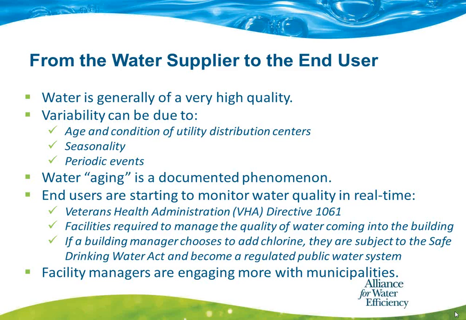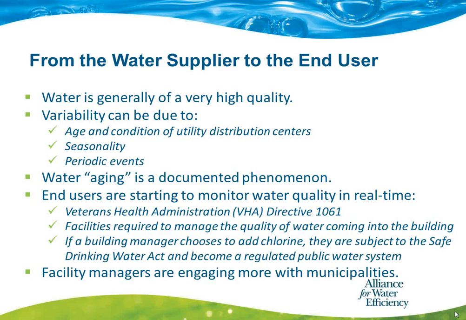Now, if the water quality degrades sufficiently, it can become hazardous. If a building manager chooses to add supplemental chlorine or any other disinfectant, then they are really subject to the Safe Drinking Water Act, which is a federal law and regulates all public water systems.